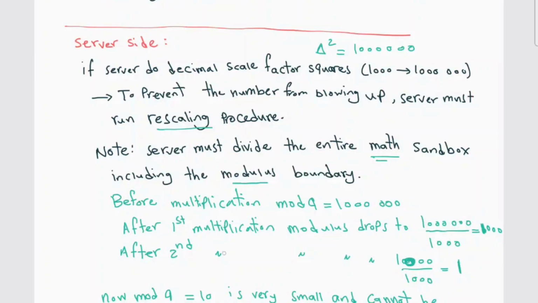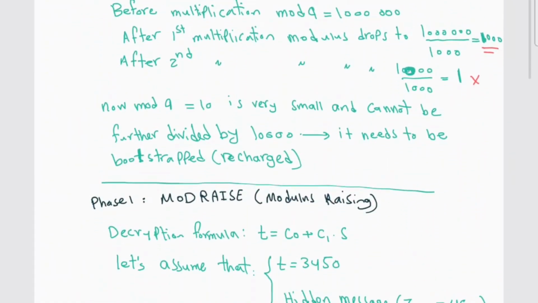If we do this a second time and divide our polynomial by 1000, our Q reaches 1. You cannot even continue further. This is not good; we shouldn't get to 1. So what to do? Let's consider Q to be 1000, and I have to use a technique called bootstrapping here, and I'm going to explain how it works. Here Q is going to be 1, which is very small.